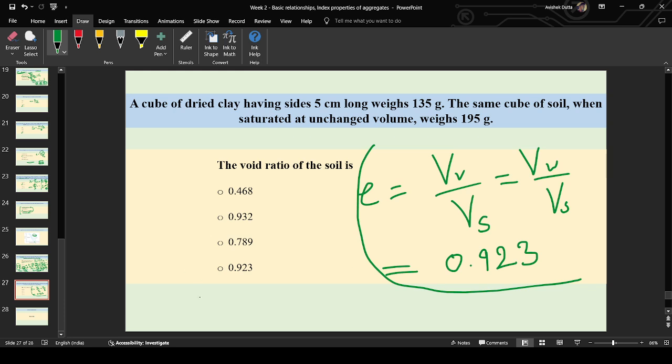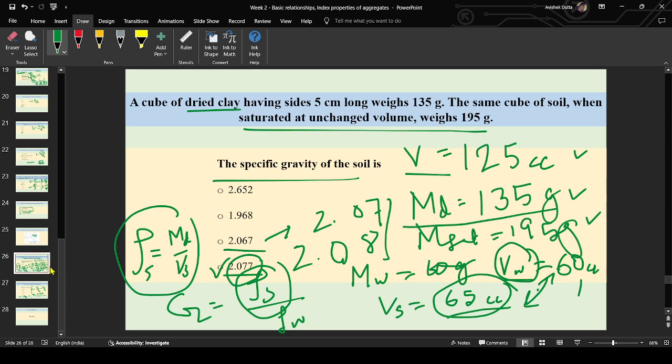Now there is another formula: rho d equal to G rho w by 1 plus e. So e equal to, I believe, G by rho d minus 1. To find out the value of rho d, what is rho d?